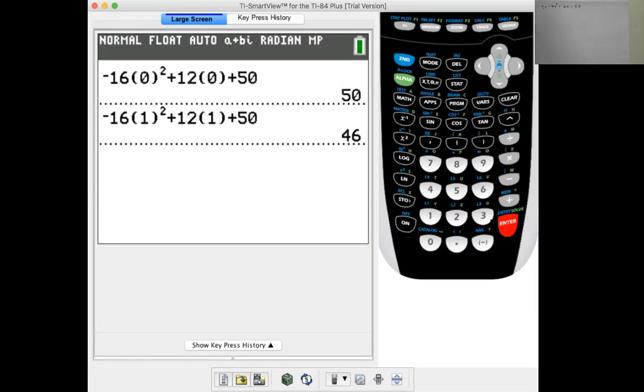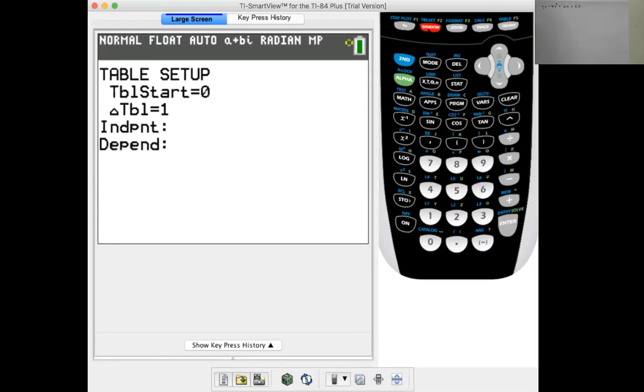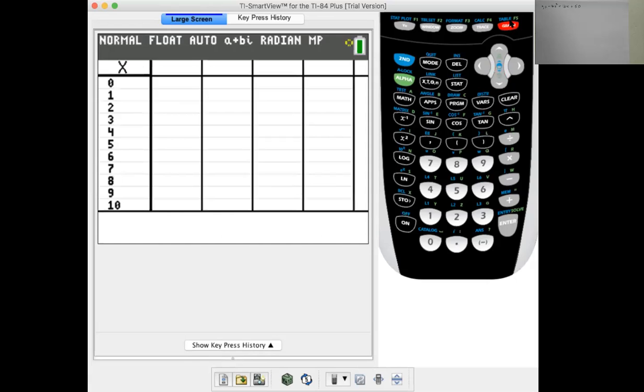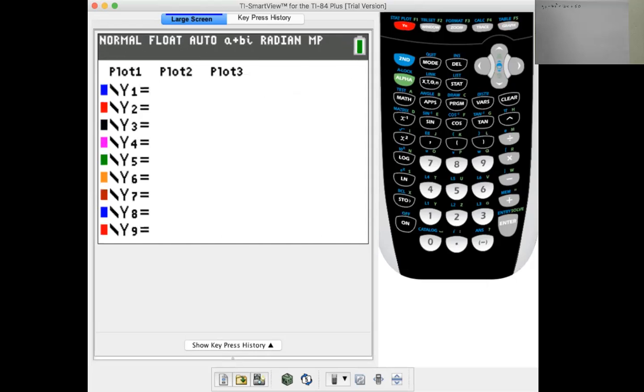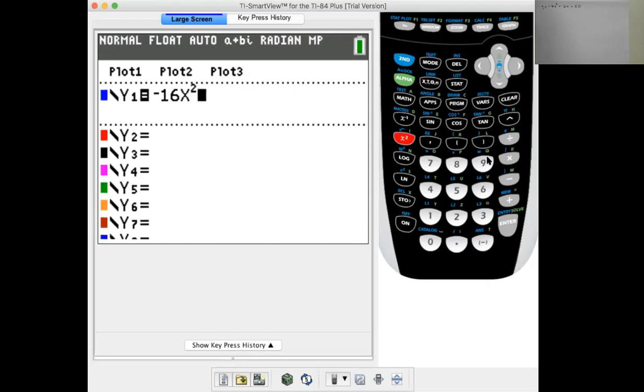We certainly could have done this another way. We could have done it with our table. So if I go to second table set, starting at 0, 1, automatic, that looks good. Second table, it'll list my values once I put a function in there, which I haven't done yet. I'll do that now. -16 x squared plus 12x plus 50.